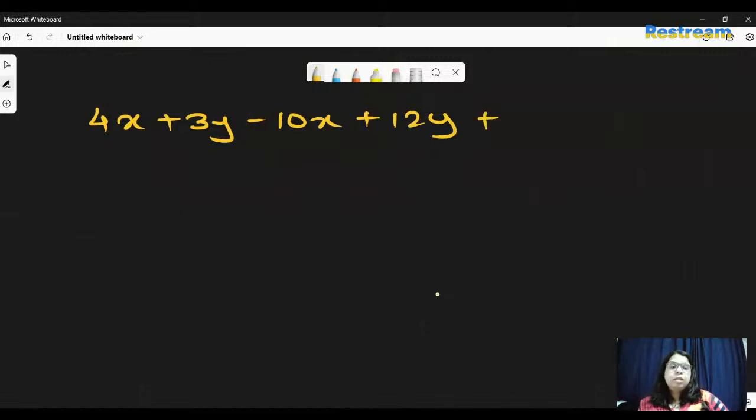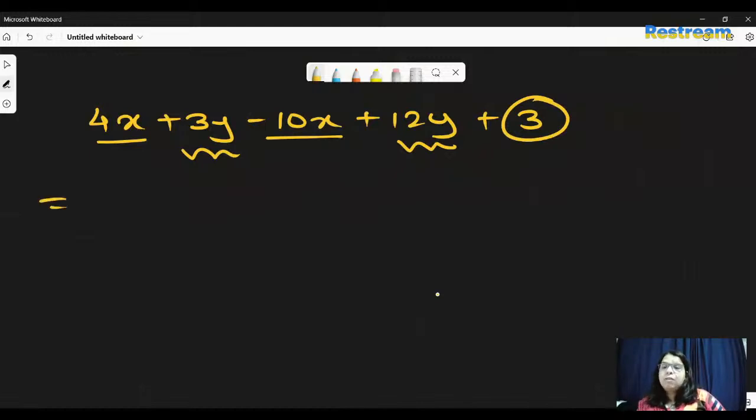Okay, so let's say I have 4x plus 3y minus 10x plus 12y plus, let's say, 3. So now I have 4x and 10x which are similar. I have 3y and 12y which is similar, and our little 3 is standalone. So what I will do is I'll write 4x minus 10x plus 3y plus 12y plus 3.